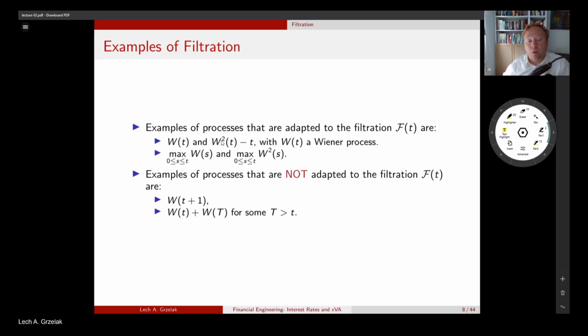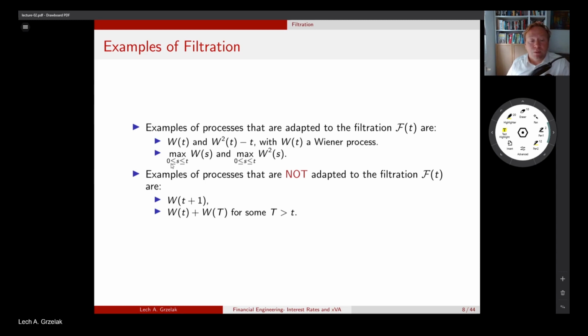You can choose whatever function you want, as long as it's continuous and regular, like any function you would consider in finance, then this will always be measurable. And this element here, minus t, of course, is just a constant. It's a deterministic function, so it does not look into the future either. It's just a number.